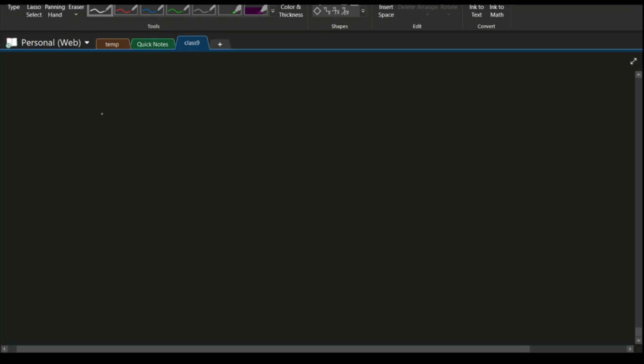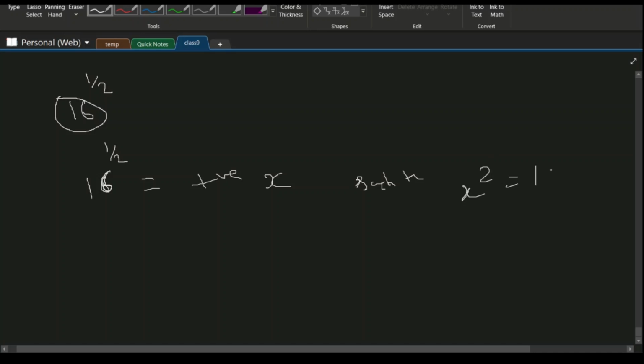Let's spend some time on this since you are reading this for the first time. When I said 16 to the power half, since this is a positive number, this whole quantity, the principal second root, I want a positive number x such that x square should give me 16.